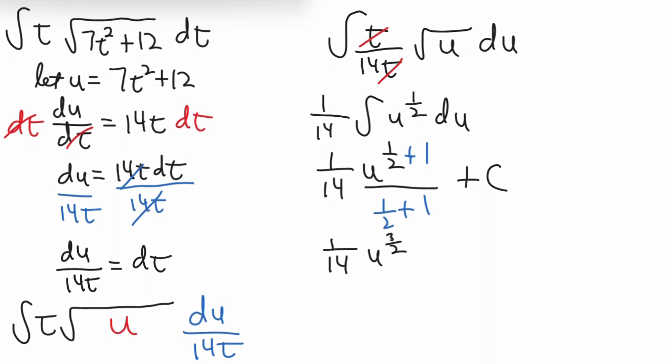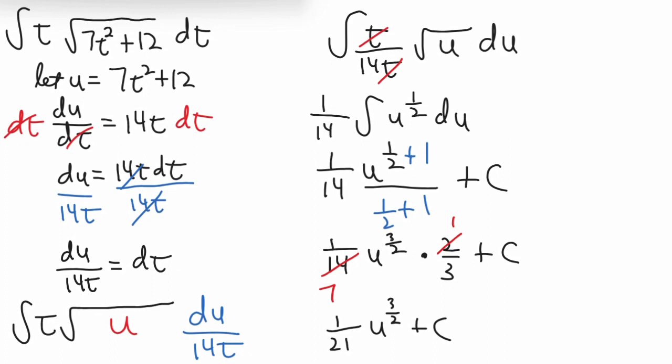Dividing by 3/2 is the same thing as multiplying by 2/3. Plus c, and we can multiply the 2/3 by the 1/14, and the 2 is actually going to cancel with the 14. That's going to become a 7. 1 over 21 u to the 3/2 plus c, and now we're going to substitute back in for our u.